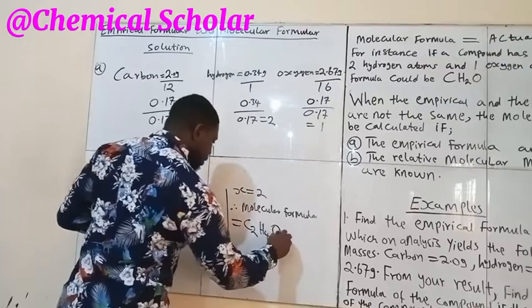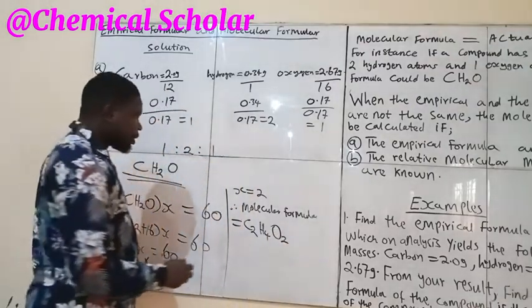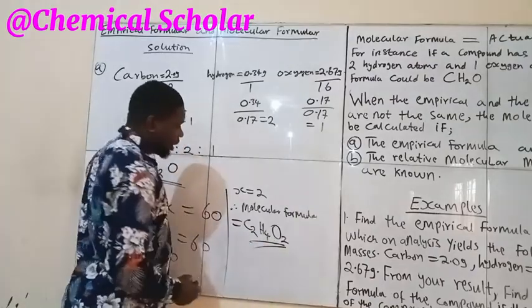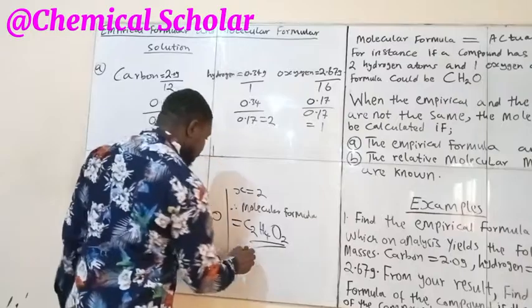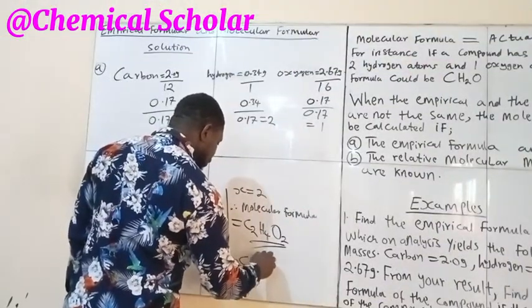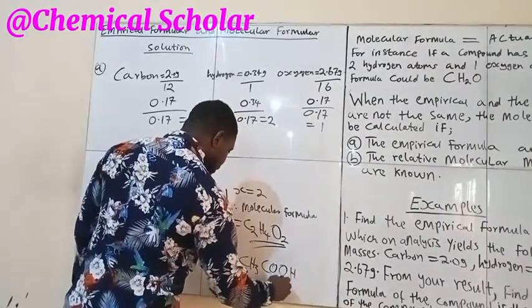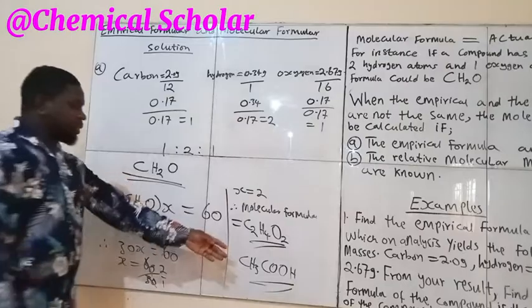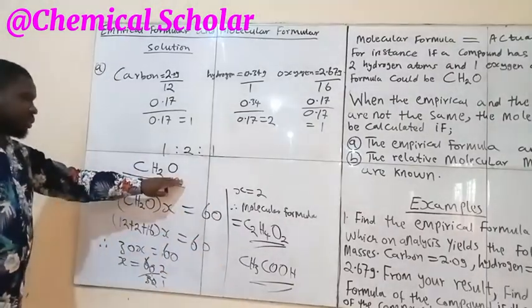So this gives us our molecular formula. We can also rewrite this molecular formula as CH3COOH. Anyway, we write it. So this is our molecular formula, and this is our empirical formula.